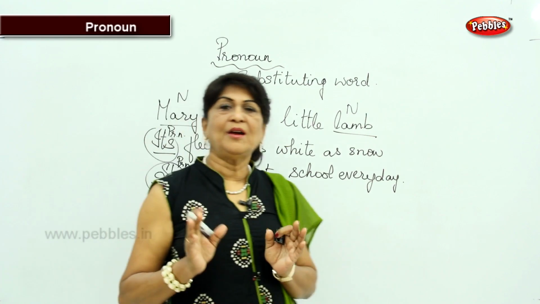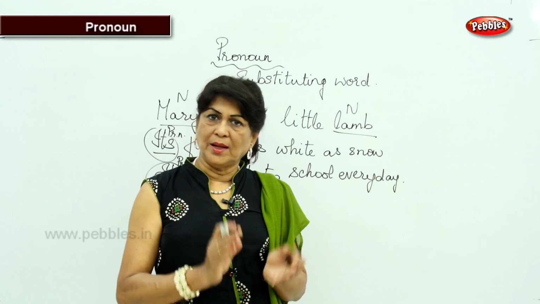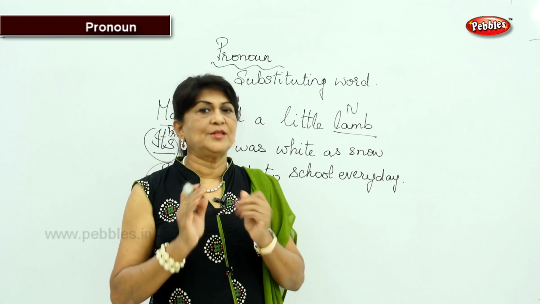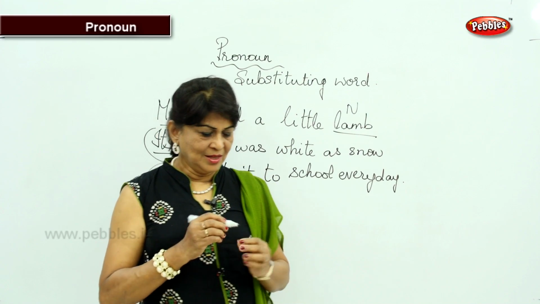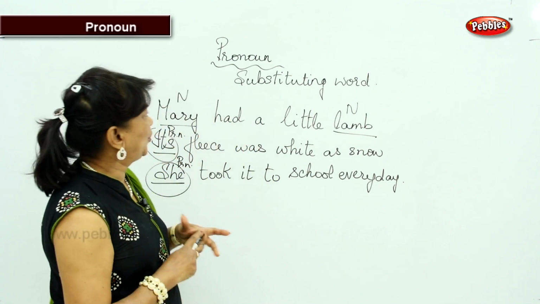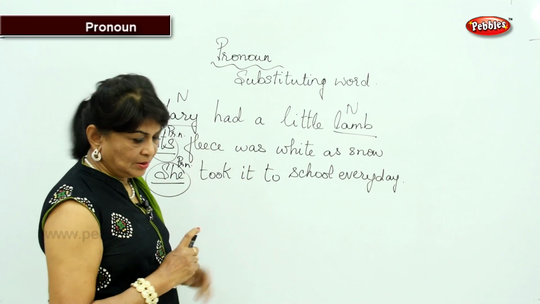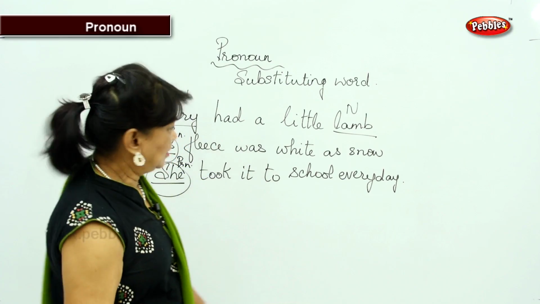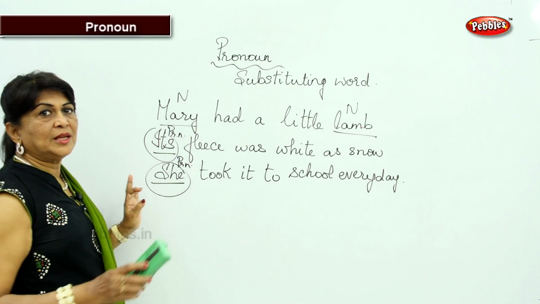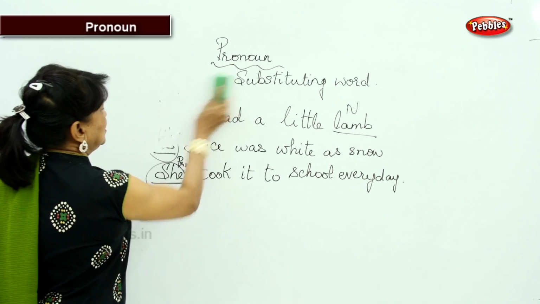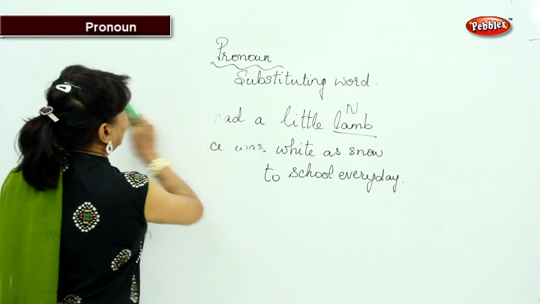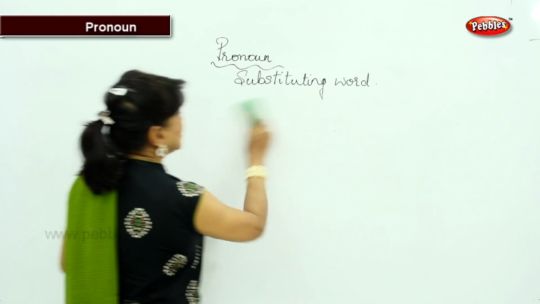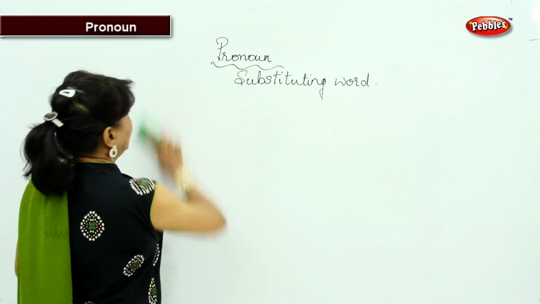Do you understand now? A pronoun is a word which substitutes a noun, or it stands instead of a noun. That is why it is called a pronoun. If you have understood this concept, I am going to give you the different kinds of pronouns and then explain. Shall we go ahead now? Take your notebooks and take down all that I give you.